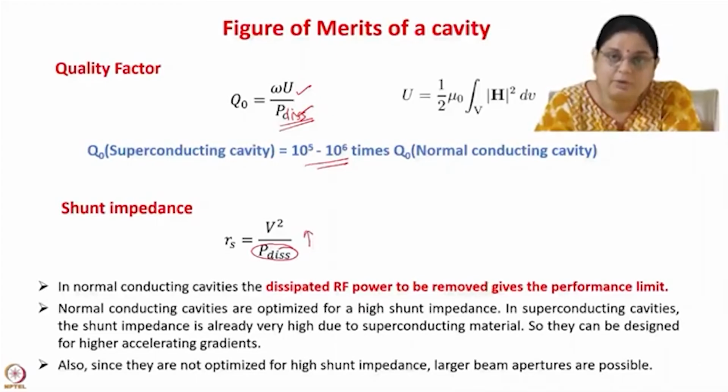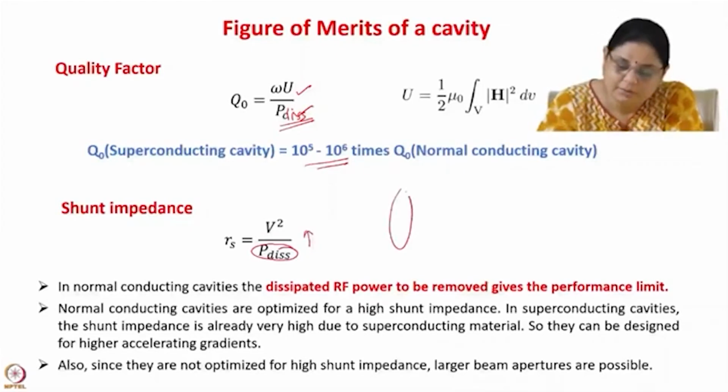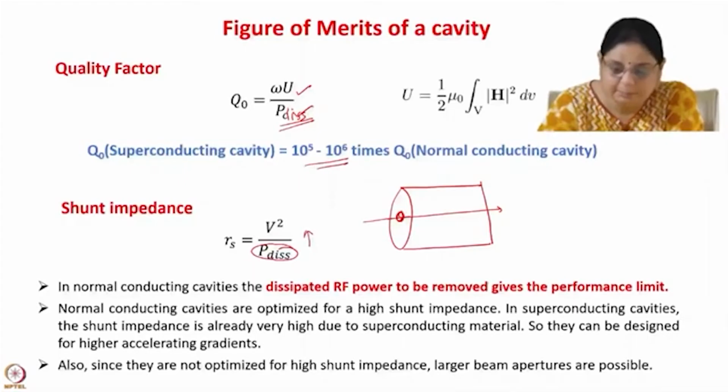Now one of the parameters that is optimized is the iris of the cavity, or the beam aperture through which the beam passes. Now larger the beam aperture, smaller is the shunt impedance.